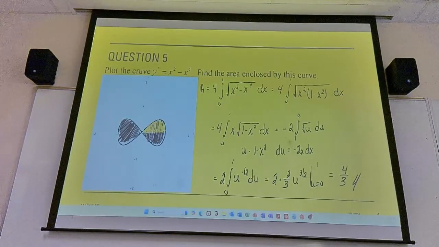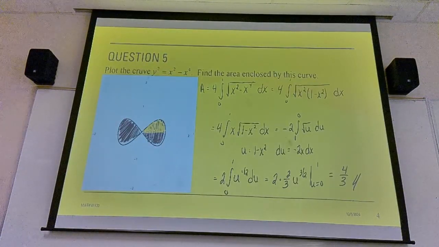You might revisit this in Calc 2. Because you can parameterize that. Parameterize it, right, as a parametric curve.